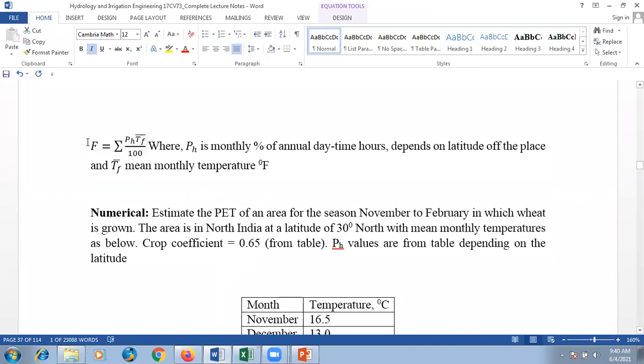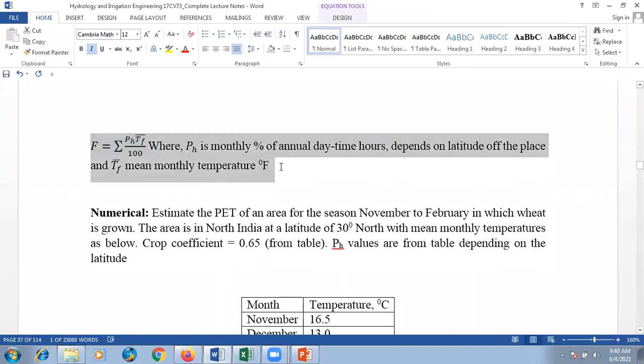So how are you going to calculate these consumptive use factors? See here, pH is the percent annual daytime hours. I said evapotranspiration is a function of temperature, so the daytime hours are very much necessary, pH. And TF is the mean monthly temperature expressed in Fahrenheit.